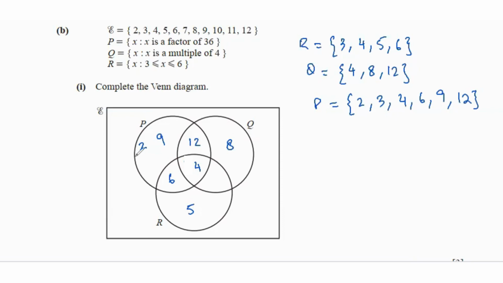So now outside, we will have 10, 11, 7, and I think that is it. And 3 is going to be over here between R and P. So this is our Venn diagram.